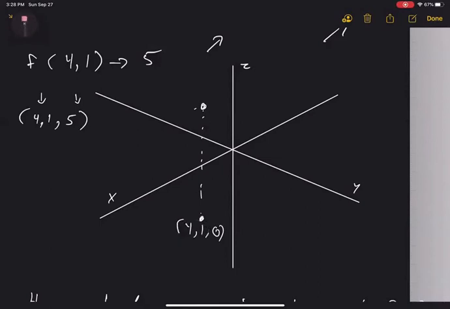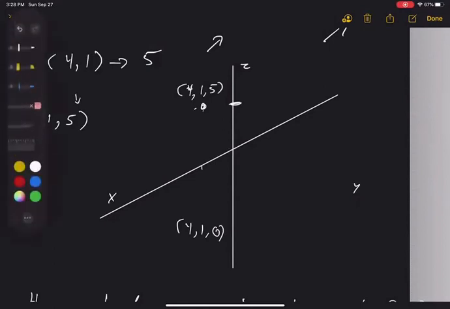I've taken this xy value of (4, 1) and paired it up to the z value 5, put that all together in a single graph, and I get the point (4, 1, 5). And I can make this pairing for all the points in that horizontal XY plane.